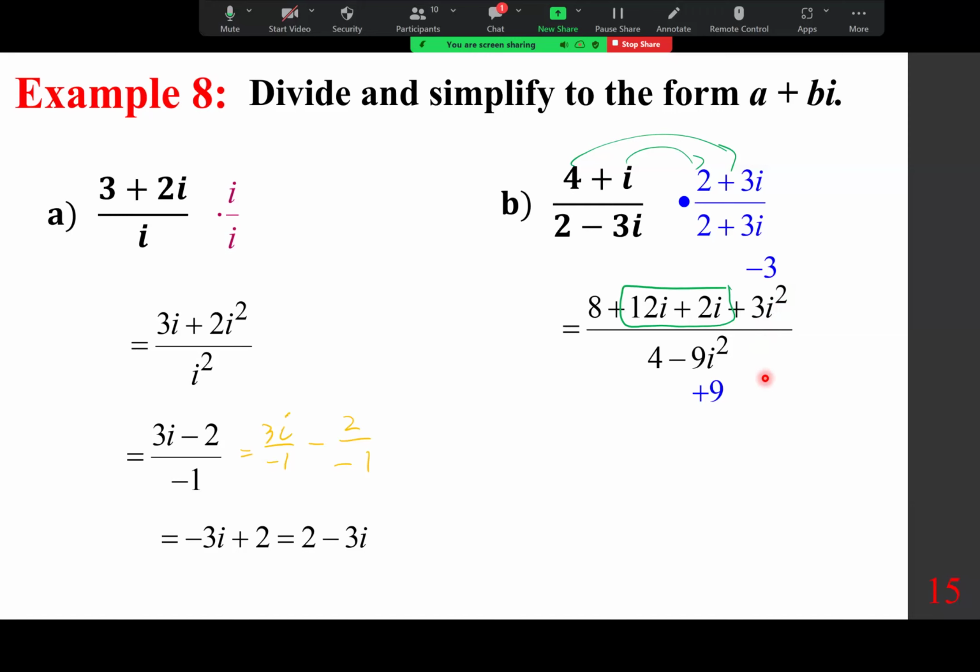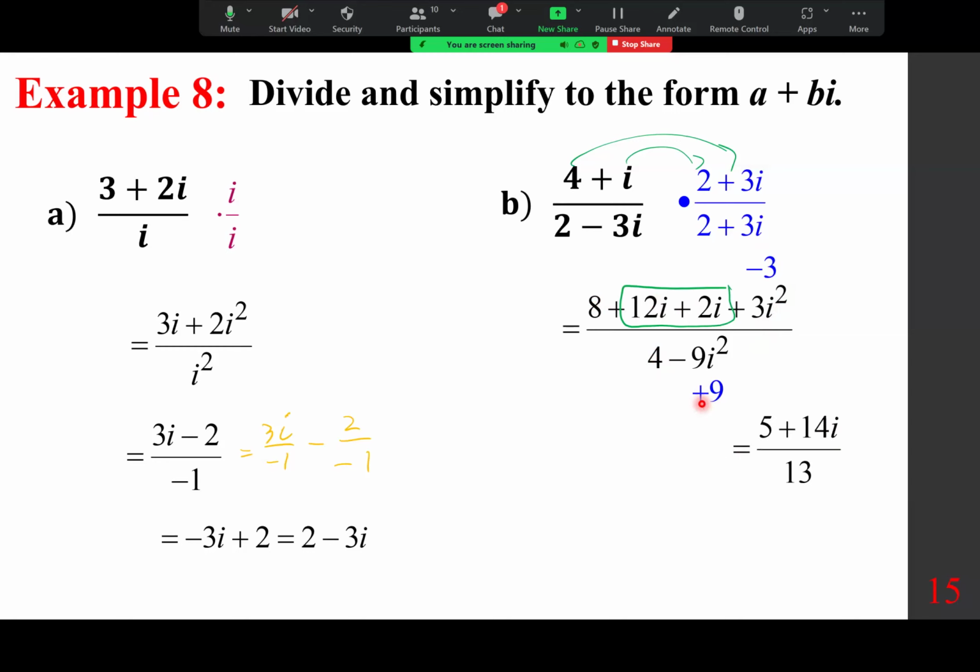So we are looking at 8 and negative 3, they add up to 5, and 12i and 2i, they add up to 14i. 4 and 9, they add up to 13.